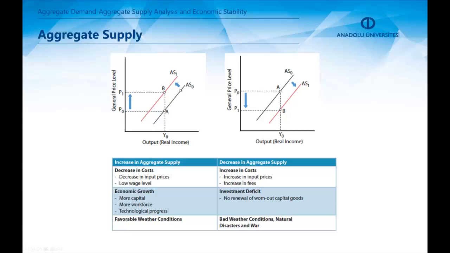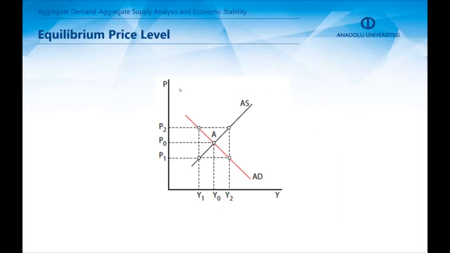There are different sources for this effect. Basically, they come from a decrease or increase in costs, or weather conditions, or economic growth. You can again find a detailed explanation in your textbook.